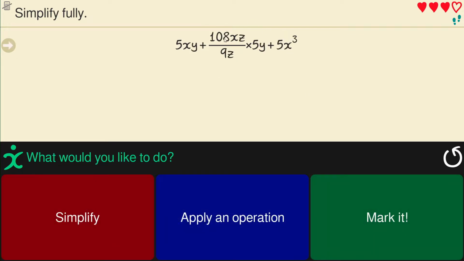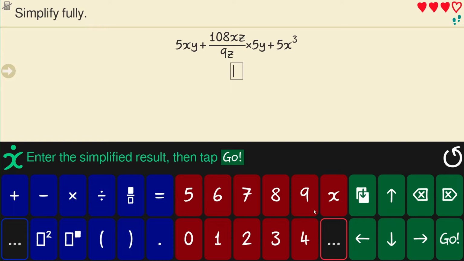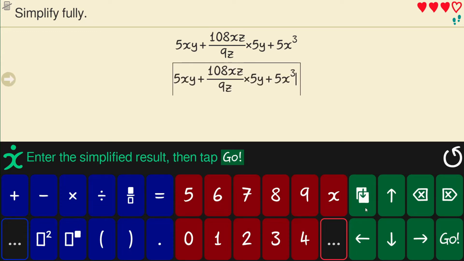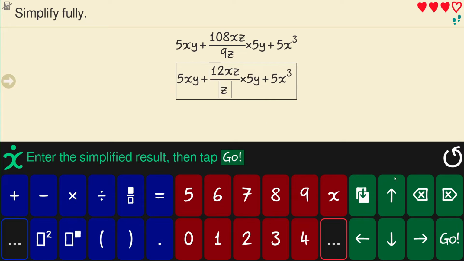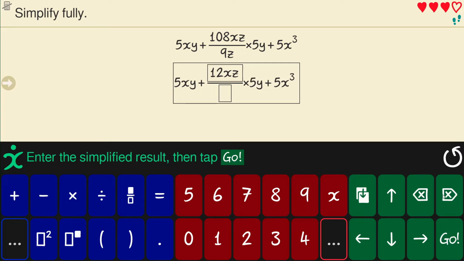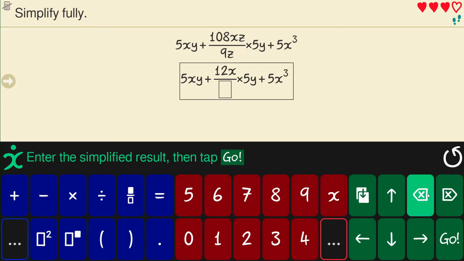So here I'm going to simplify this big middle term first, I think. Let's use the paste button. Right, 108 divided by 9, I think that is 12. And then z divided by z is 1, as long as z isn't 0, which we're assuming that it isn't.